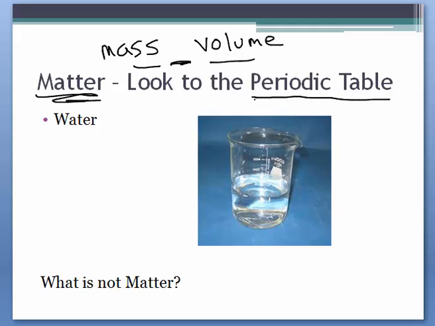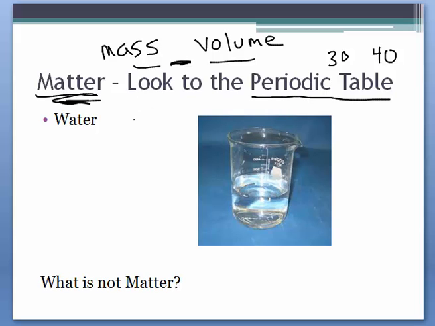So, there's about 118 of those. 92 of those are naturally occurring elements, but we're only really going to be concerned with maybe 30 or 40 of them.